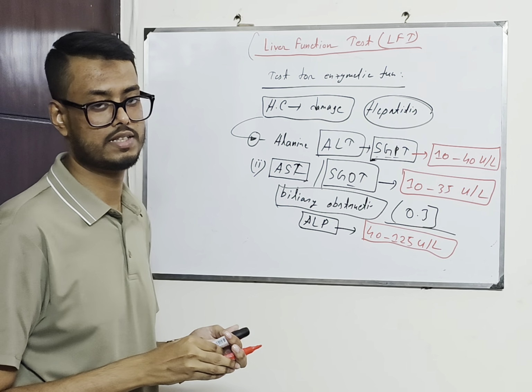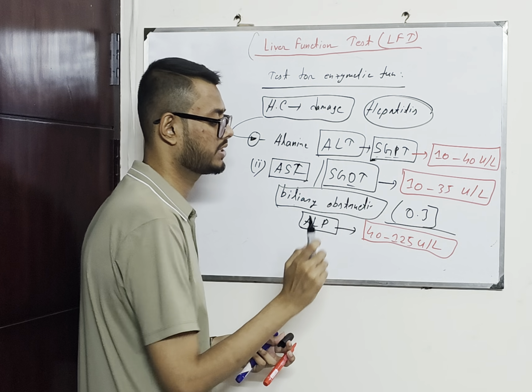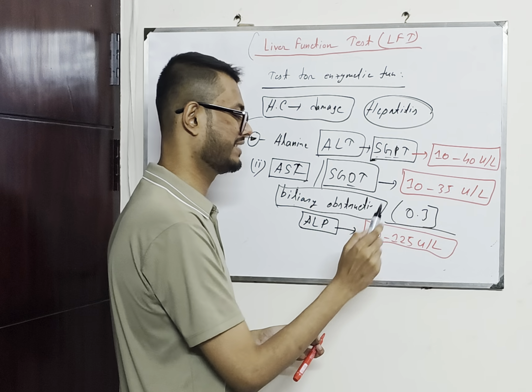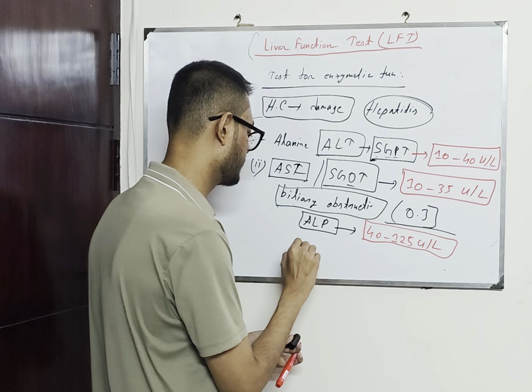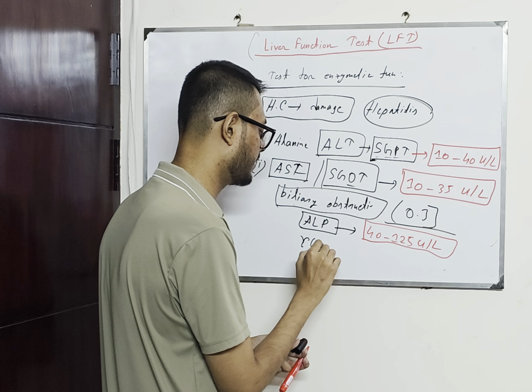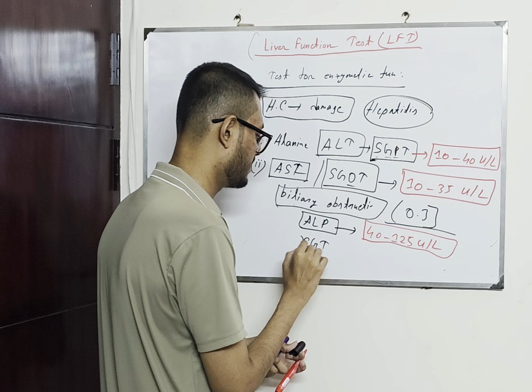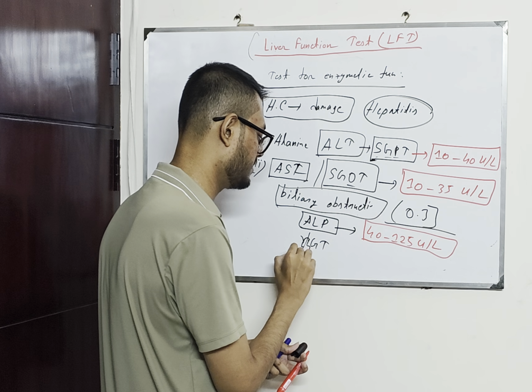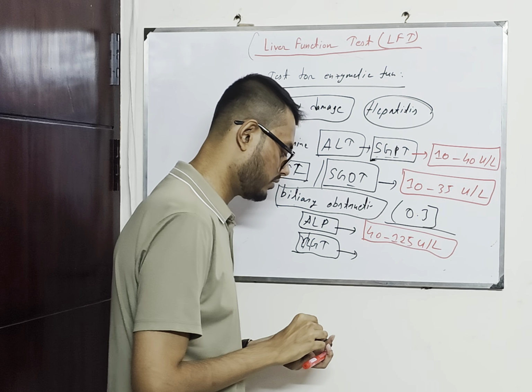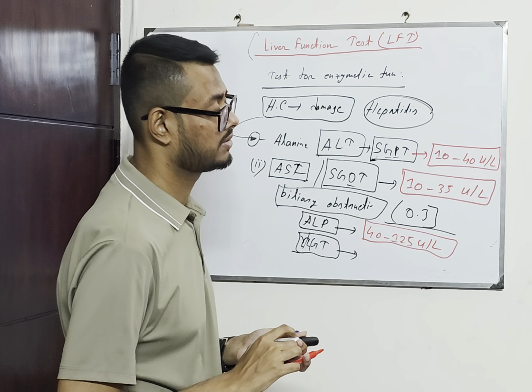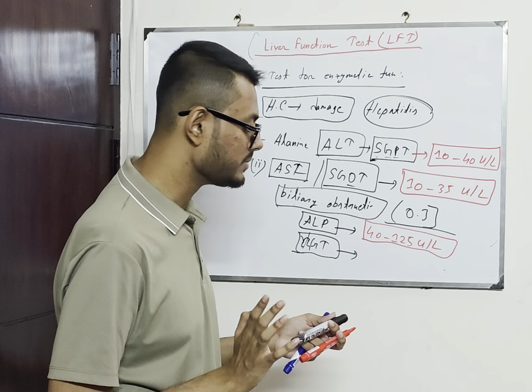Another enzyme we can see in case of biliary obstruction or obstructive jaundice is gamma glutamyl transferase, GGT or gamma GT. What is its normal value? It is slightly different between male and female.